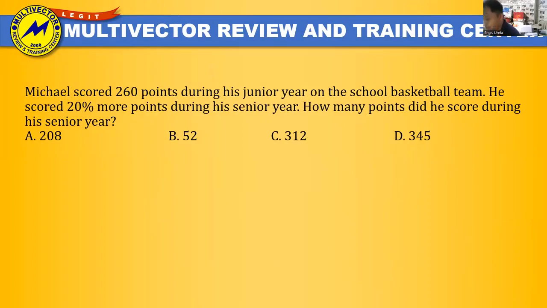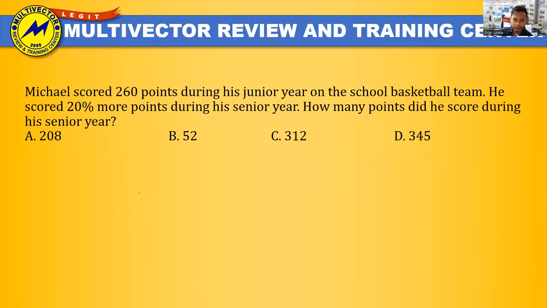Okay, next problem is problem number 79. Michael scored 260 points during his junior year on the school basketball team. He scored 20% more than during his senior year. How many points did he score during the senior year?